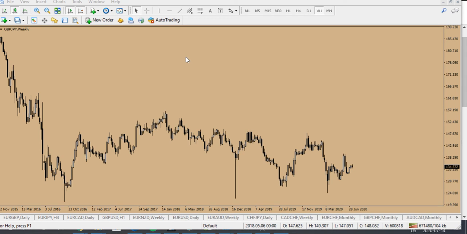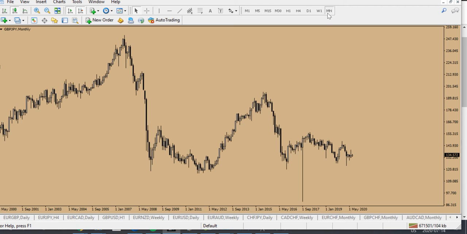Let's look at GBPJPY. Seems to be wanting to go up, right? Prices were pretty low.